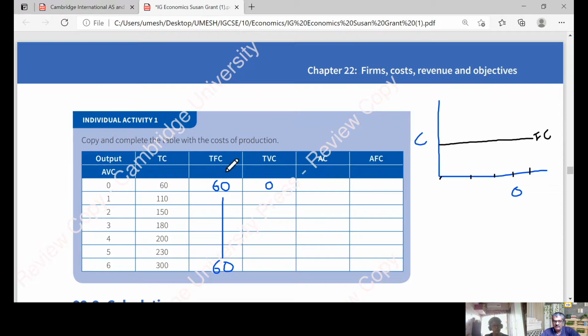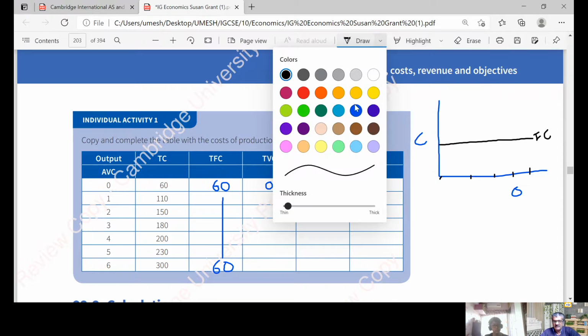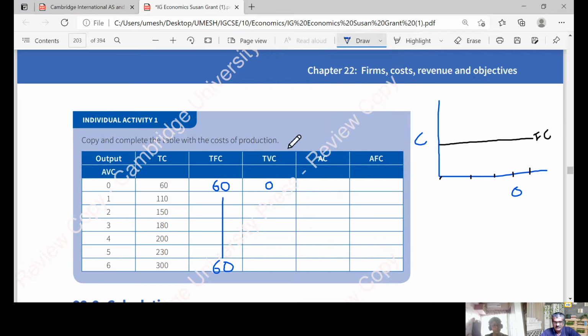Now, you have to identify what will be the total variable cost.